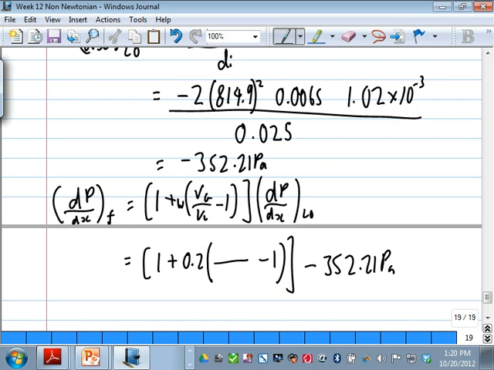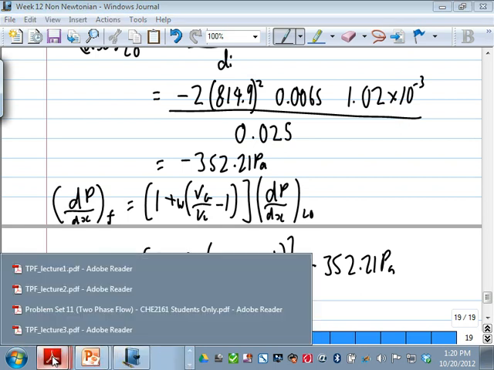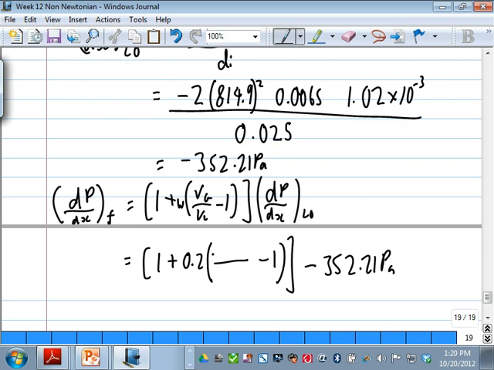It's given, I presume you copied it down. 8.28 times 10 to the minus 3. VL? 10 to the minus 3. Okay, so you get the answer there.